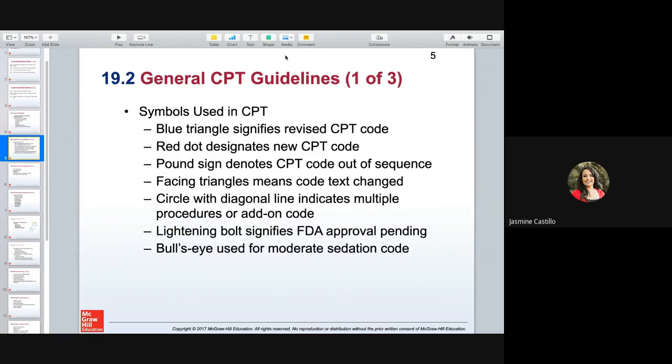So just because it's in there and we can use it, it doesn't have FDA approval, so it doesn't have the support from the Food and Drug Administration. The bullseye symbol is used for moderate sedation coding. If you use some type of moderate sedation, you have to use that code, and that code will be indicated by a bullseye symbol, telling you that that is a moderate sedation code.